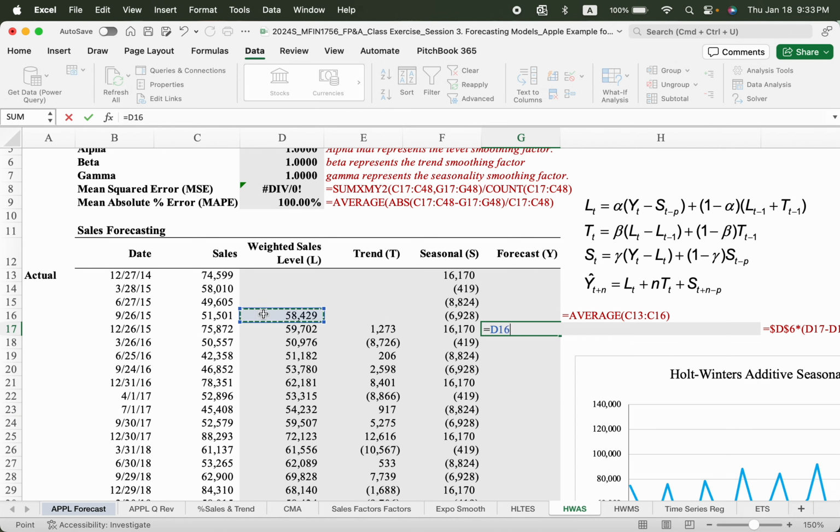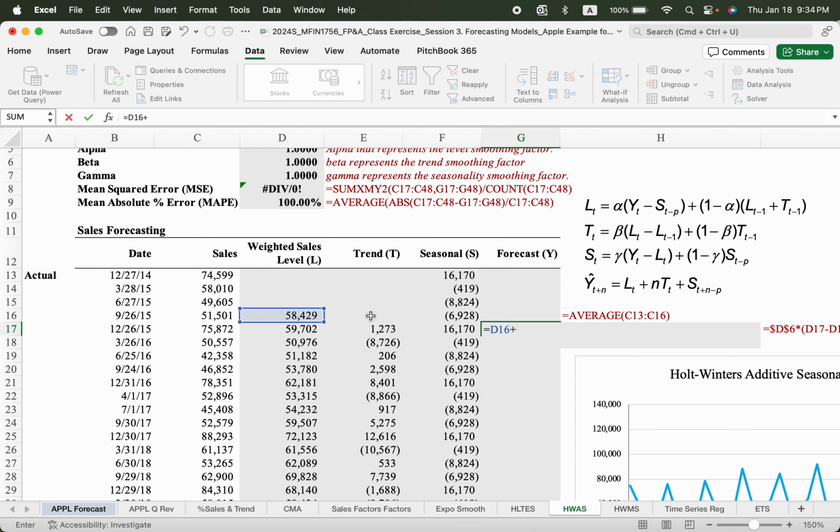Here, what we want to calculate is the forecasting. And then plus Nt, and Nt.